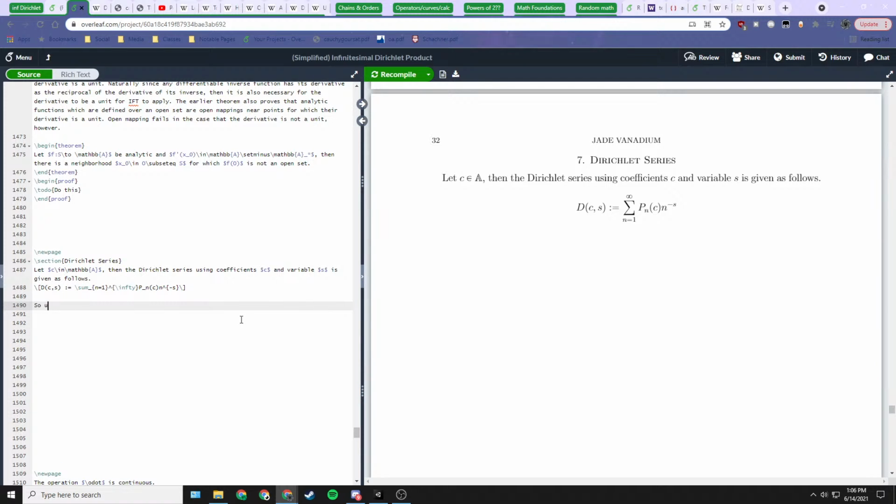So typically the variable s is taken as a complex number, but there is no reason why we can't consider it as a member of A, so a general member of A.